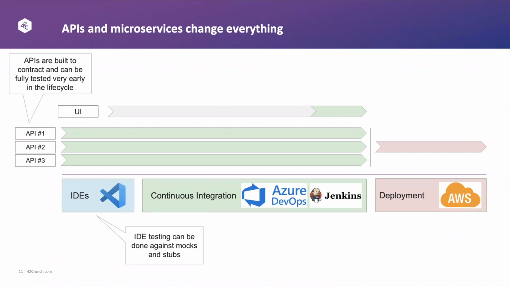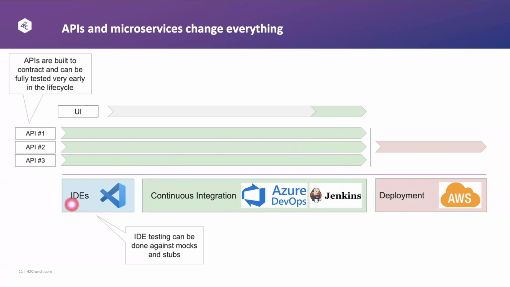So the idea here is that as we start building out our API almost from day zero, we can start testing that. We can audit the contract to see if the contract is well defined, and more excitingly, we can actually test against the back-end implementation. So we no longer have to wait until somewhere down the line at a release candidate to do testing.